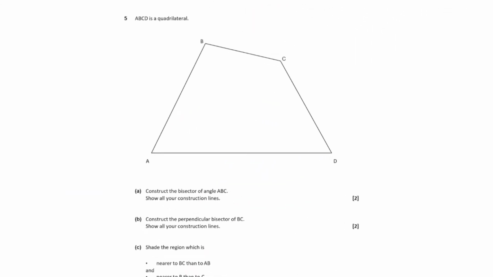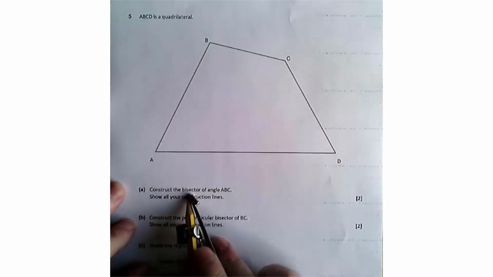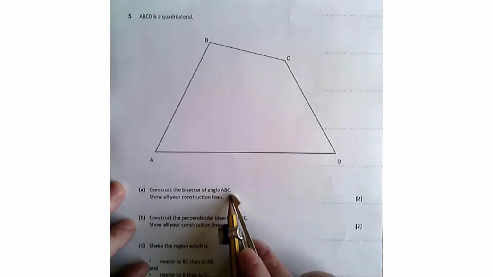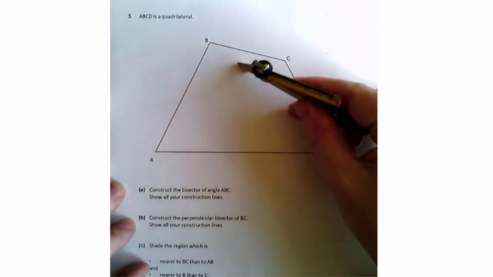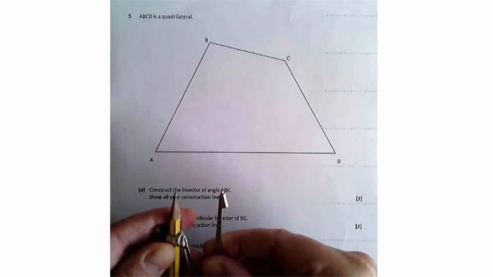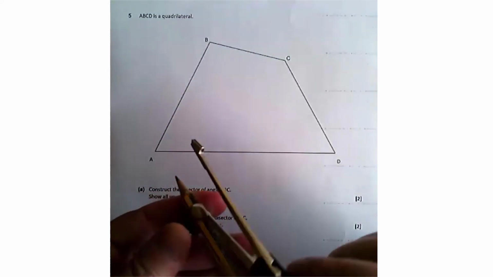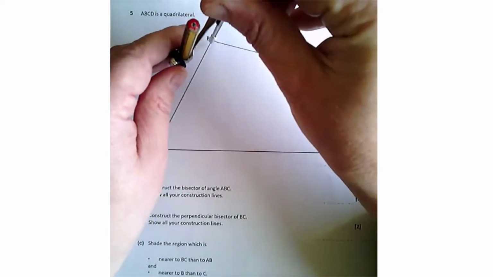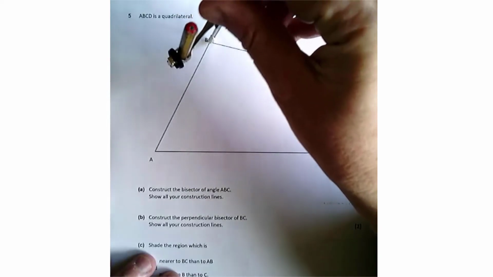Question 5. ABCD is a quadrilateral and we need to construct a bisector of angle ABC. Now that's A, that's B, that's C. So ABC is this angle here. In order to do an angle bisector, we need to put the compass in at the point where we want to create the bisector and draw 2 arcs, one crossing each of the lines that the angle is between.